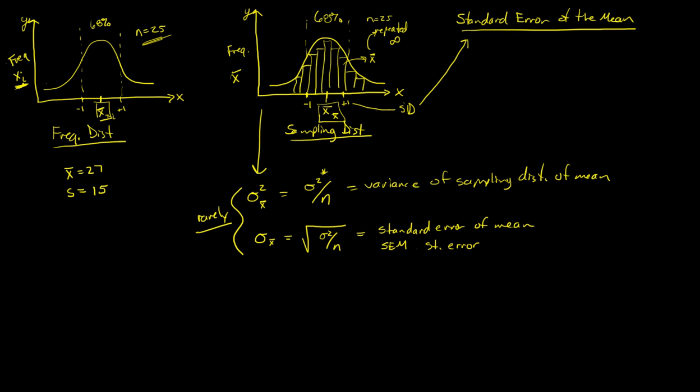When we're talking about point estimates, the variance of the sampling distribution of means becomes this, because we're going to use the variance of our sample as the point estimate. And then the population parameter for standard error of the mean will become this quantity.